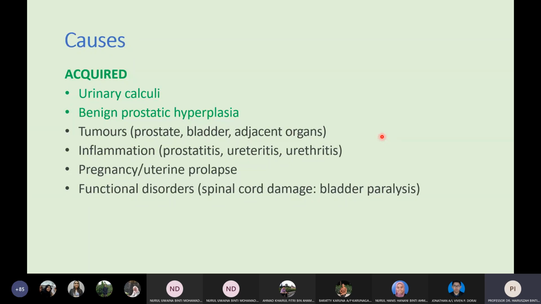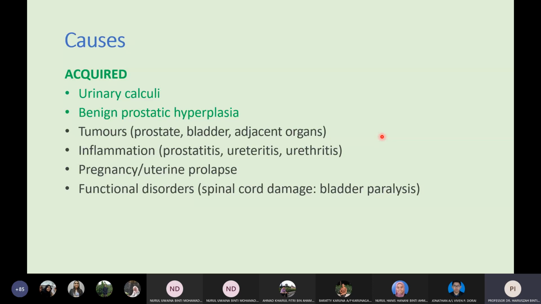Other causes include tumors, which could be anywhere along the tract, prostate, bladder, ureter, even the kidney, or even adjacent organs outside the urinary tract. Not just tumors, inflammation also does cause it, but to a much lesser extent. Inflammation itself can cause obstruction, but it's very rare.